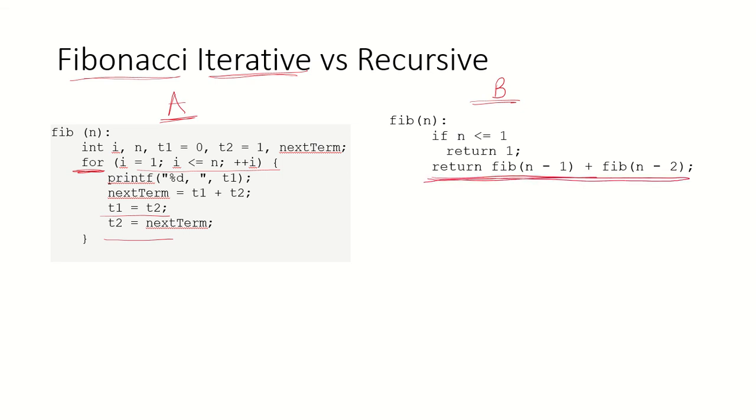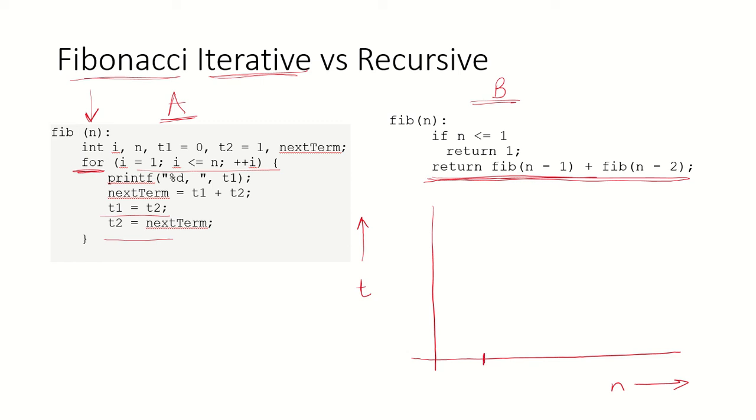So how can we say which algorithm is better? Is A better than B or is B better than A? So suppose we have to plot T versus n, where n is the input size, that means how many terms of the series have to be computed.